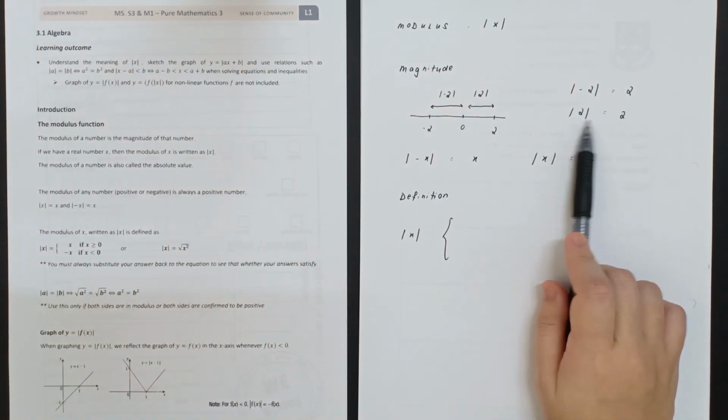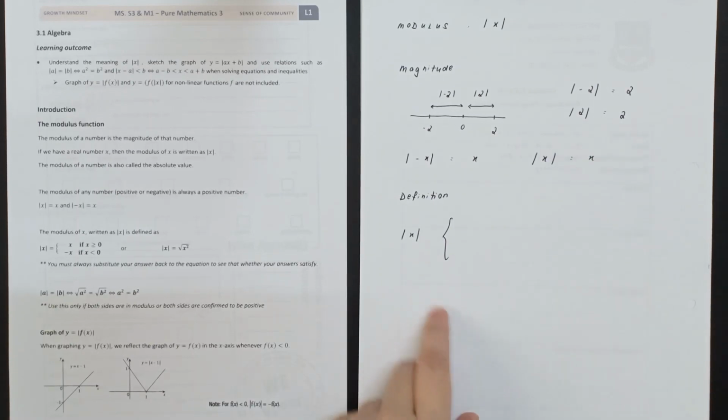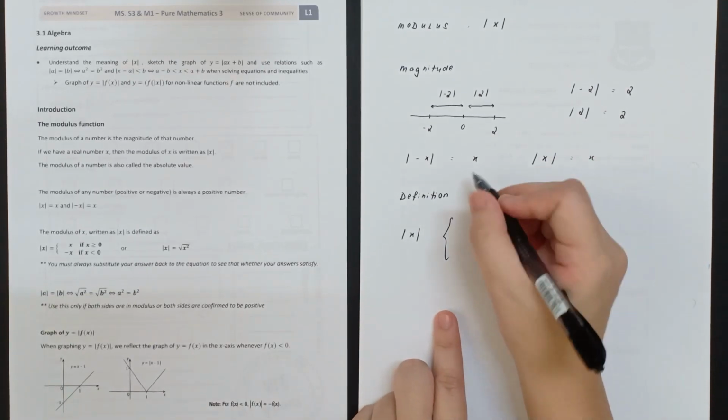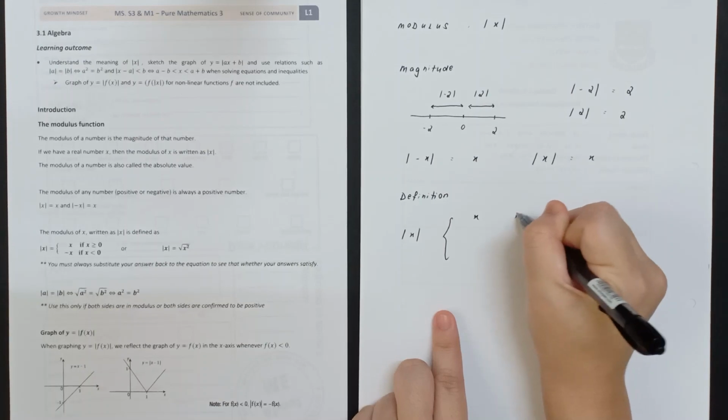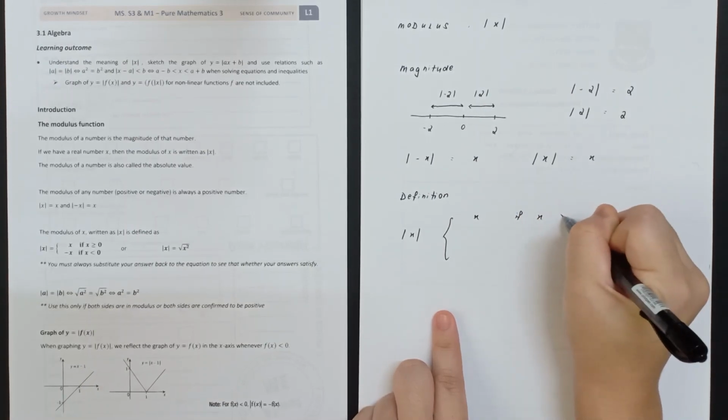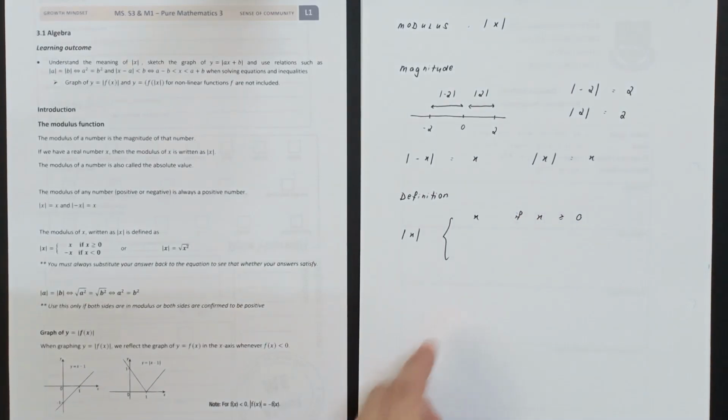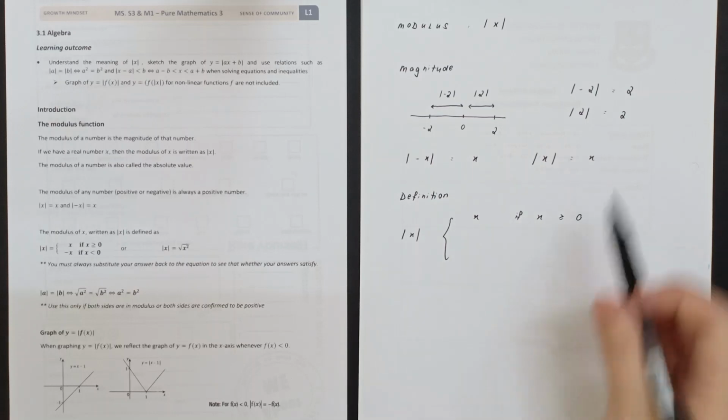Modulus 2 equals 2. So modulus x equals x if x is positive. Any number within your modulus that is positive, you will write exactly the same number after you solve the modulus.